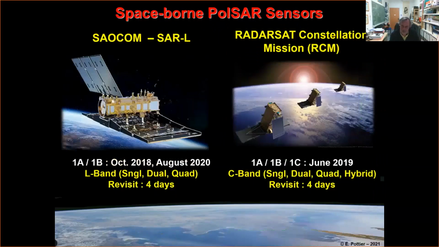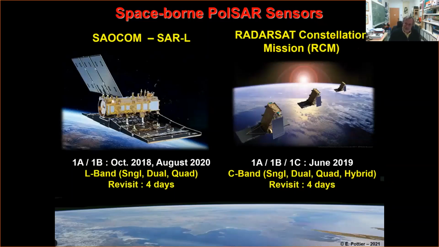Very interesting. Then recently we have SAOCOM from Argentina, which is also a fully polarimetric SAR system. It is a dual pole, but also a quad pole system. And we have very recently also the new RadarSat system, what we call the RadarSat Constellation Mission, RCM, which is also a quad pole system, a fully polarimetric system.